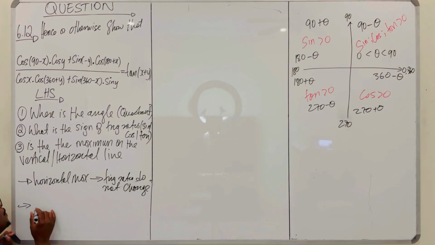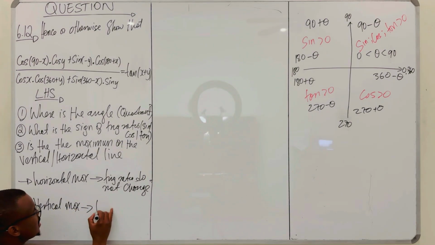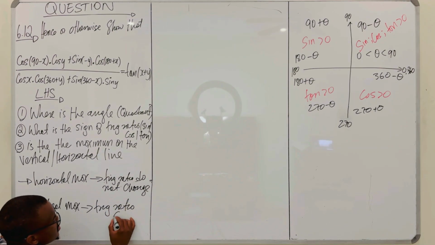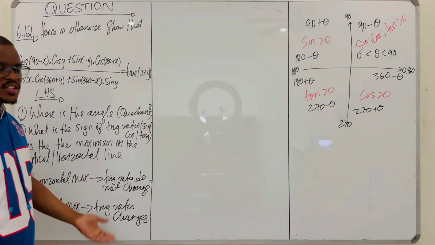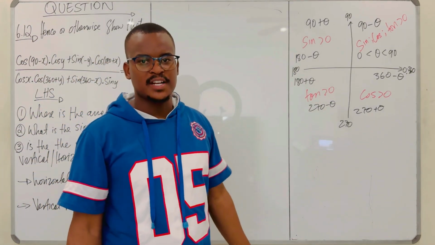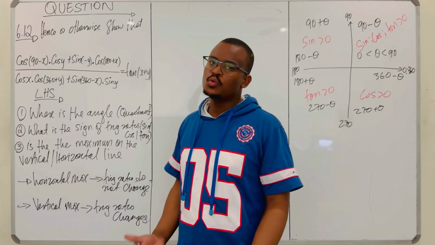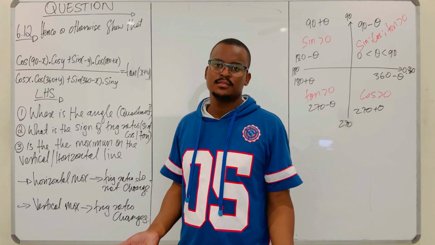If your maximum is on the vertical, which is a vertical maximum, the trig ratio changes. This is what you need to understand in order to be able to prove identities or simplify trig expressions. If you understand these, you'll be able to simplify all sorts of trig expressions.